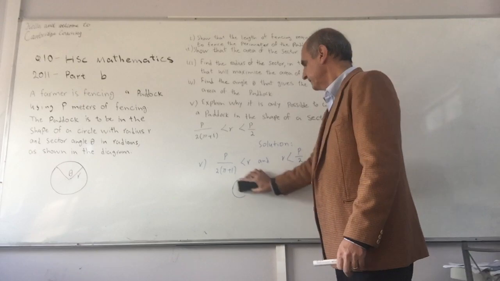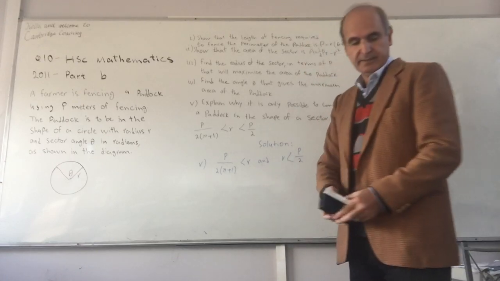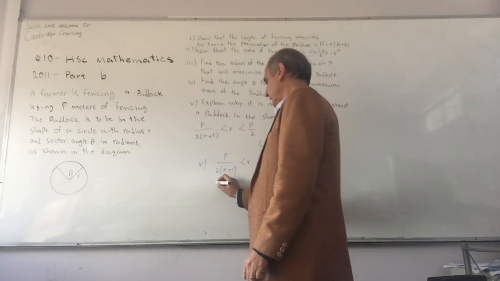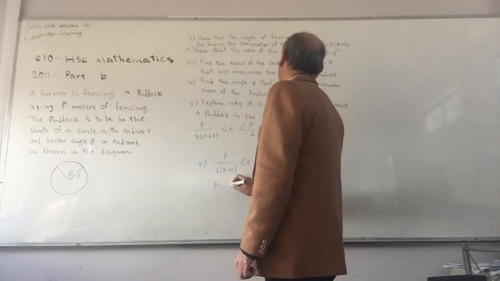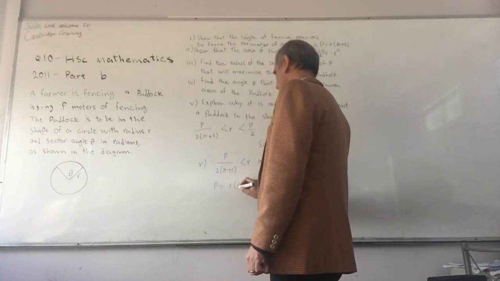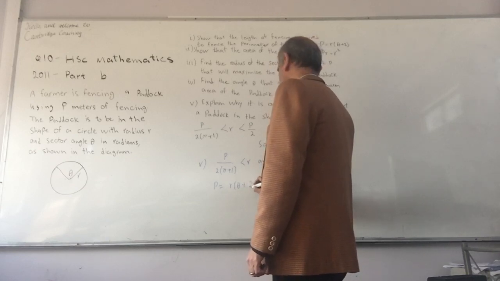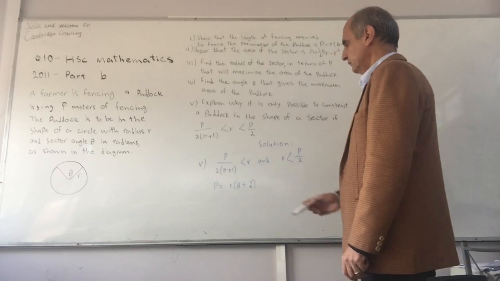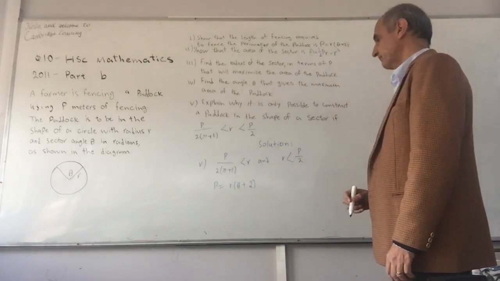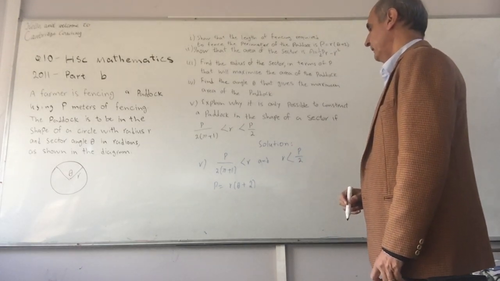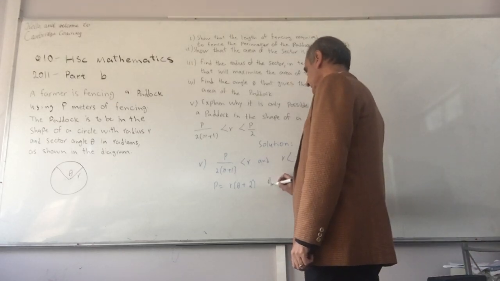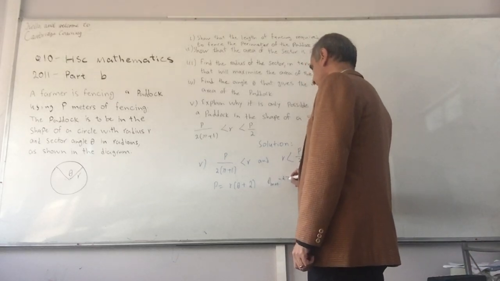Using this and the fact that we had P equal to R theta plus 2R from part 1, P is always equal to this value, and the fact that theta max is 2 pi.